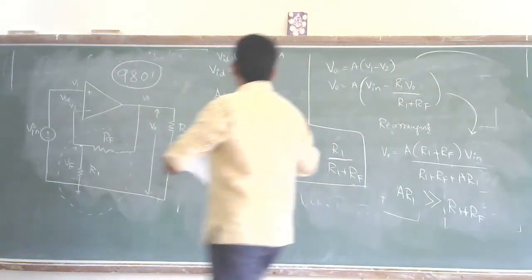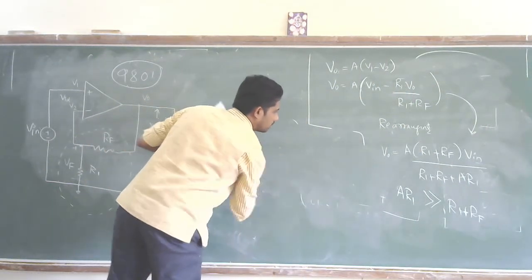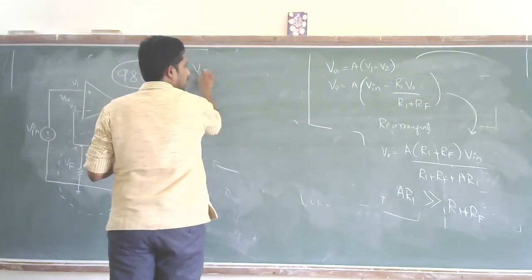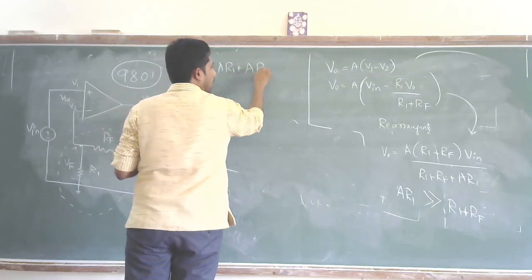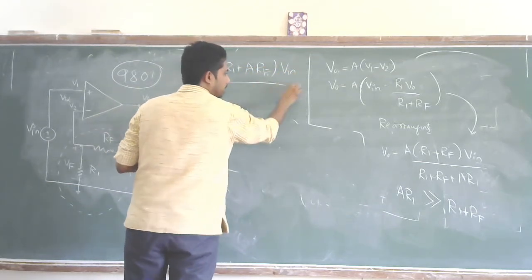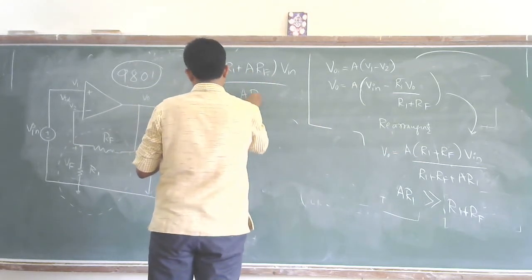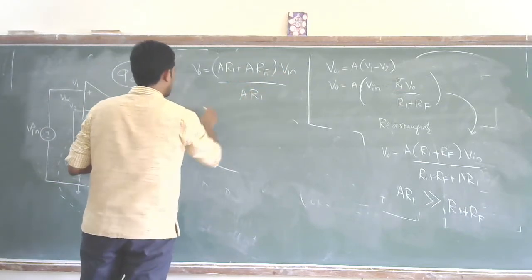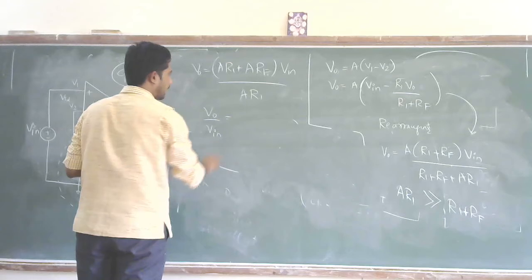So what will be the resultant? If I understand this condition, V0 will be AR1 numerator, I can simplify, ARF multiplied by V, divided by, instead of this entire thing, I can just write AR1. I'll bring this V down here because ultimately I want to find the gain.